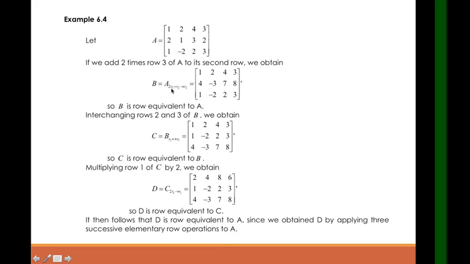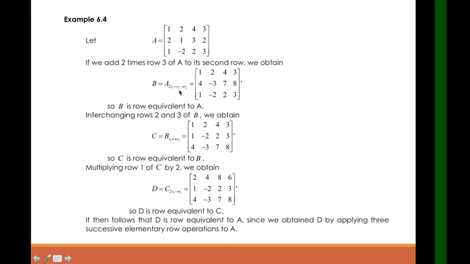Diba? 2 row 3 plus row 2. So, mag-a-add tayo dito. Mag-multiply tayo ng 2 sa row 3, at yan, row 3. Tapos i-add natin sa row 2. So, 2 times r sub 3. That is 2 times 1 is 2, 2 times 2 is 4. Ito yan. And then, bakit in-add dun sa 2? Kasi ito yung condition niya, r sub 2.